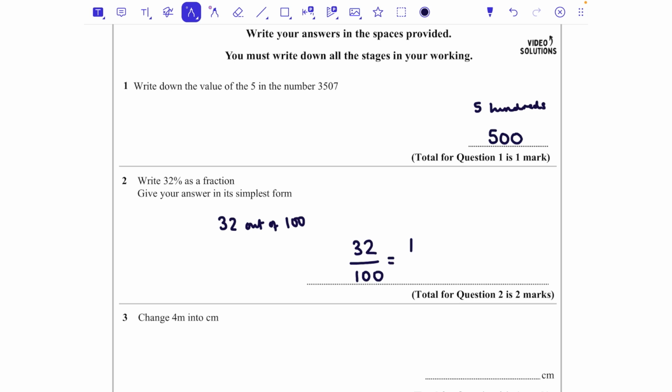There is a slightly bigger number, but let's say we divided by 2, 16 over 50, and those numbers are both even, so we can divide the numerator and the denominator by 2 again, and that is 8 over 25. Now there's no factor that is common to both of those, so that's as far as we can simplify it. So 8 over 25 would be your answer there.